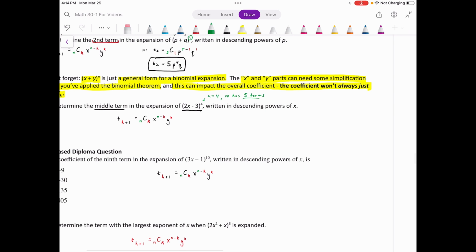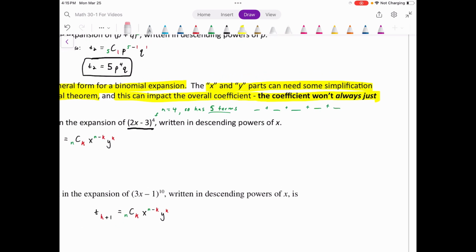So what is the middle term if there are 5 terms? Well, it's the third term, right?